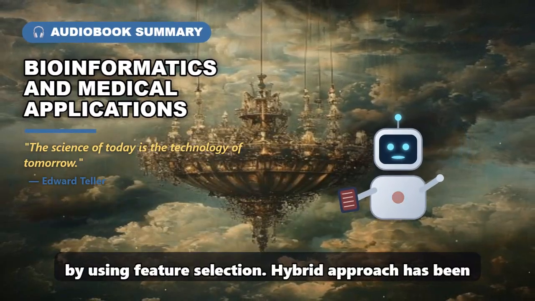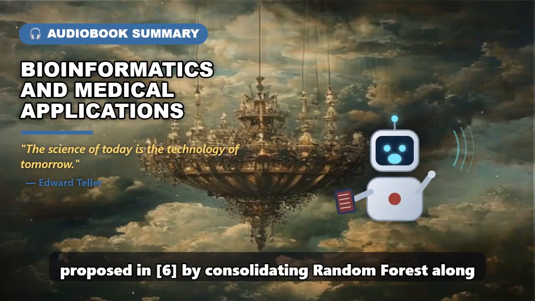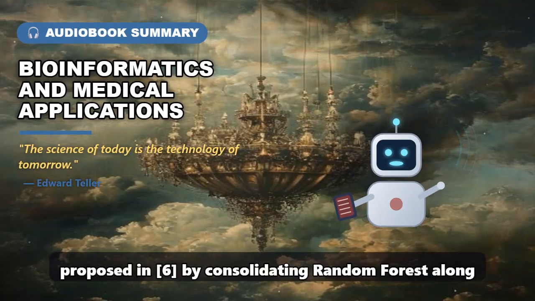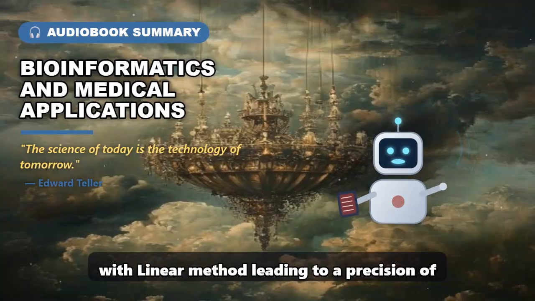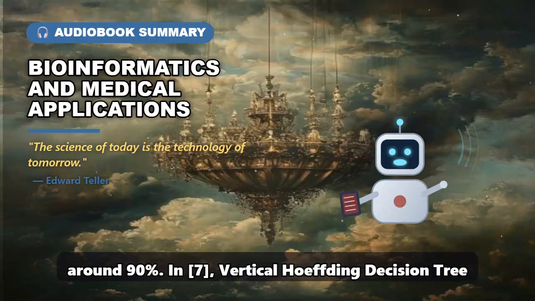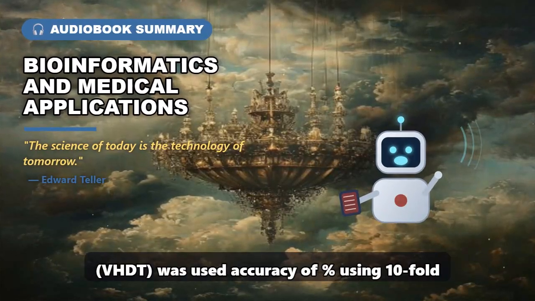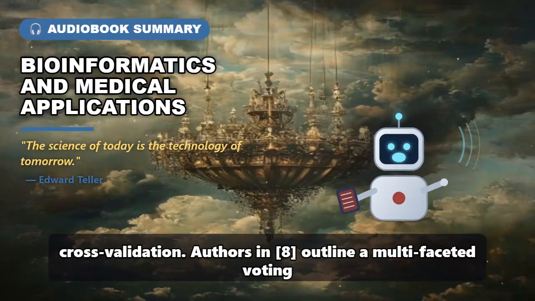A hybrid approach has been proposed in 6 by consolidating random forest along with a linear method, leading to a precision of around 90%. In 7, vertical Hoeffding decision tree, VHDT, was used, with accuracy reported using tenfold cross-validation.